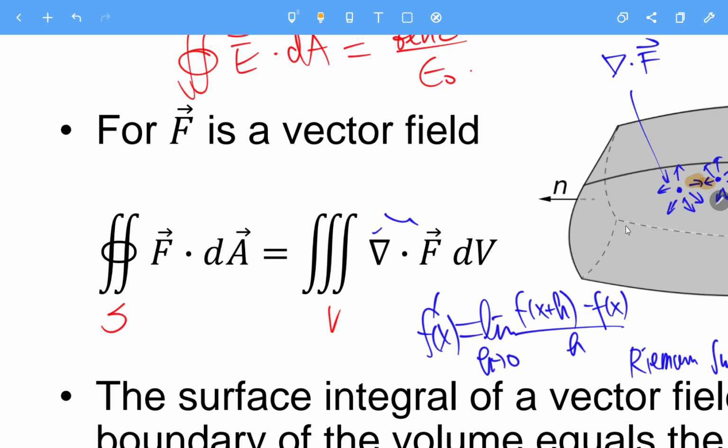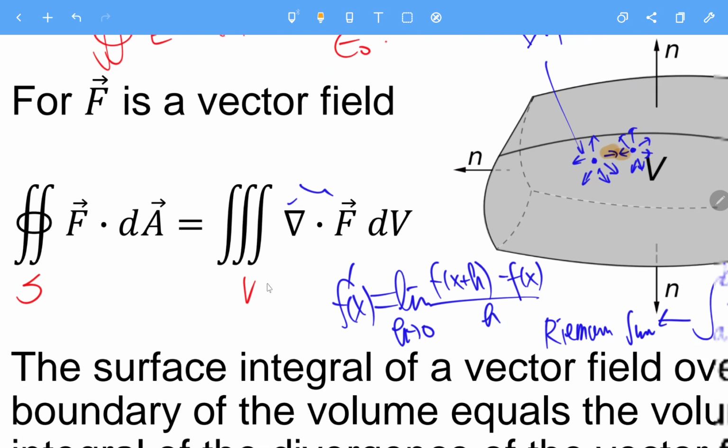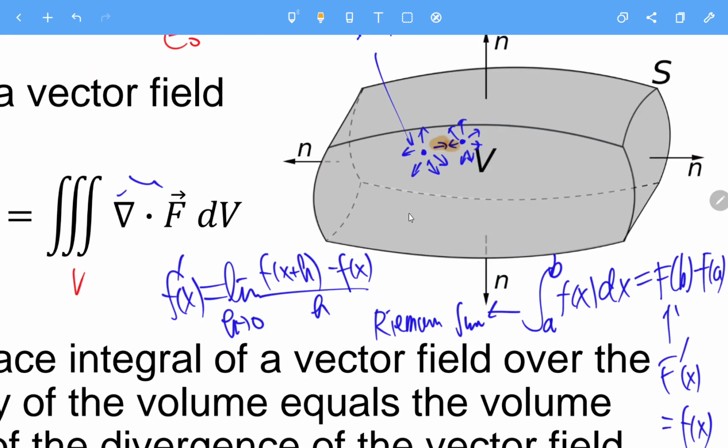So the physical interpretation is that all the inside stuff cancels each other, and the remaining stuff is the surface integral of f dot dA, because for the surface, no one is cancelled. For example, for this point, if you point this way, then there is no adjacent point to cancel with this one.